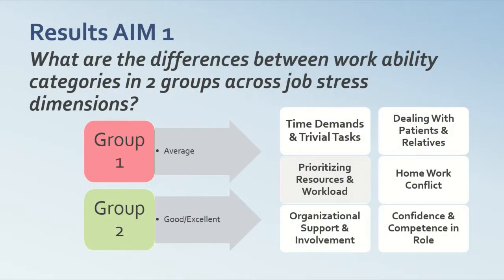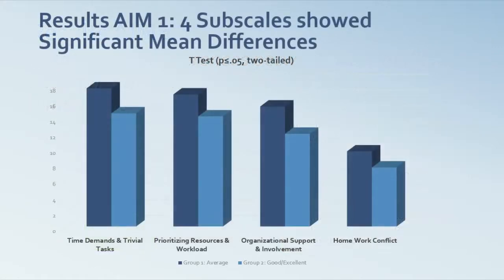And I told you we had to dichotomize into 2 groups. This is our second part of AIM 1. And so 4 subscales, I think there were 6, only 4 of them had statistical significance. So you see this is the group with better workability, and this is the lower group. And so you can see kind of across the board some of the trivial demands. And this is what I thought ate up nurse managers' time, demands and trivial tasks.